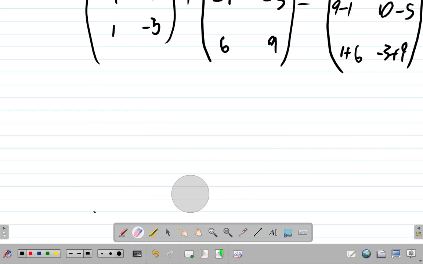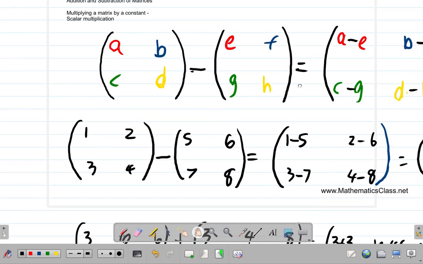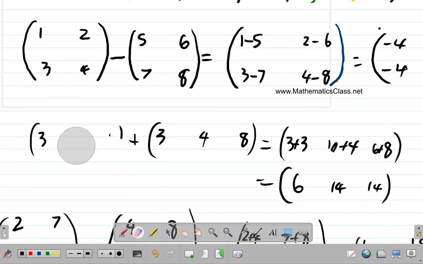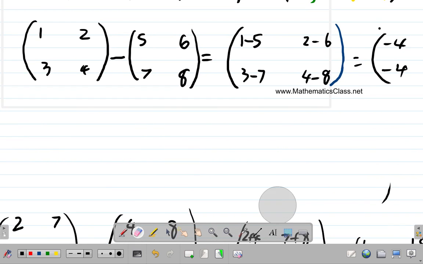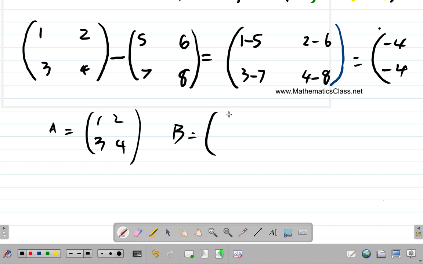Now, remember we can give these matrices names. Suppose now I have these two matrices. I could say A is the matrix 1, 2, 3, 4, and B is the matrix 5, 6, 7, 8.